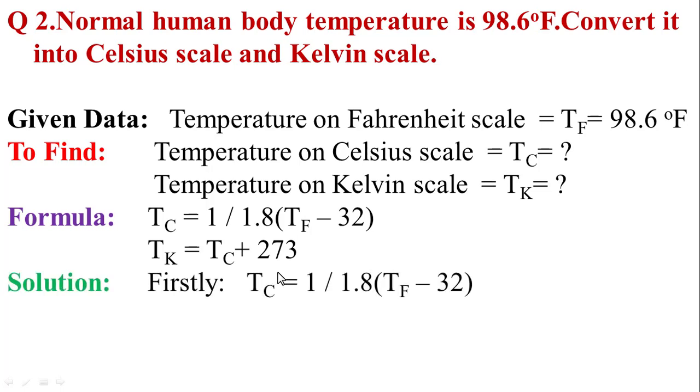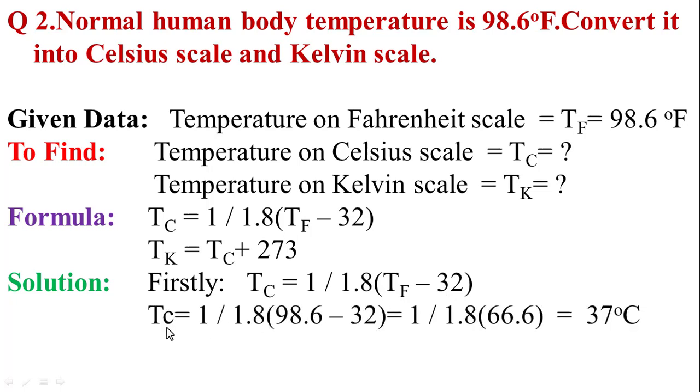Now the solution. First we find temperature in Celsius scale. Temperature in Celsius scale is equal to 1 divided by 1.8 into temperature in Fahrenheit minus 32. Putting the values, Tc is equal to 1 divided by 1.8 into 98.6 minus 32.